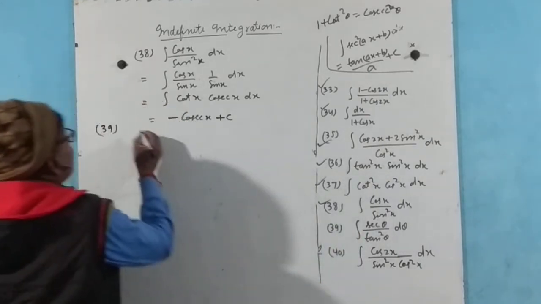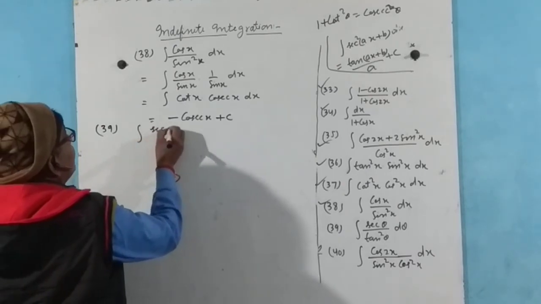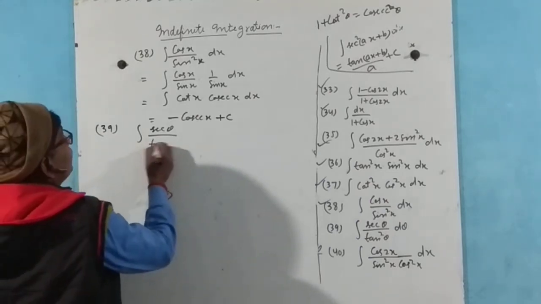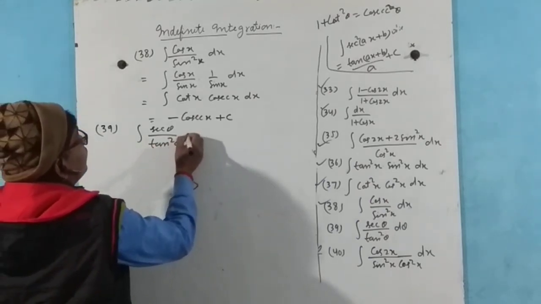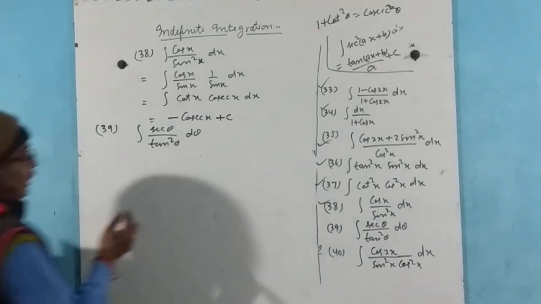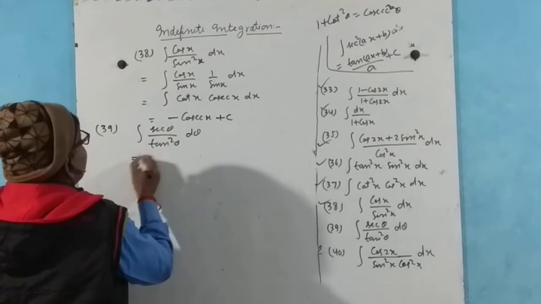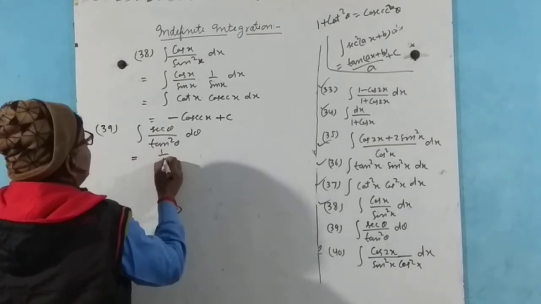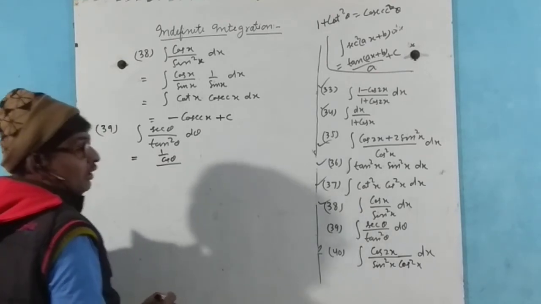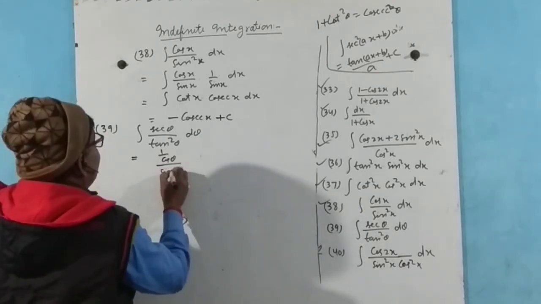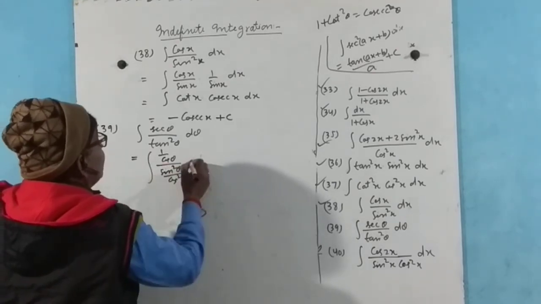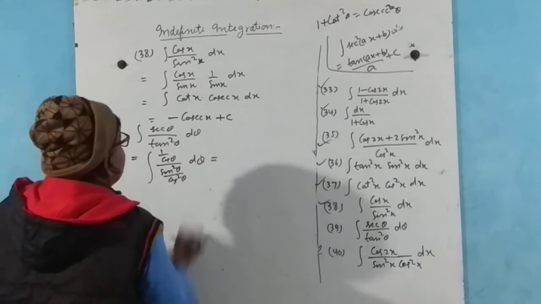Integration of sec theta divided by tan square theta d theta. This can be written as sec theta, 1 by cos theta, and tan square theta can be written as sin square theta divided by cos square theta, integration of this into d theta.